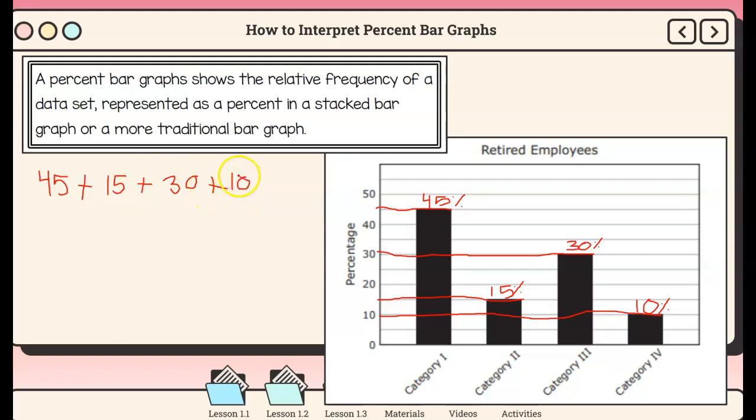Tell me what you get. All right, you can hit pause if you need longer, but these numbers do add up to 100. Okay, so this bar graph is correct.